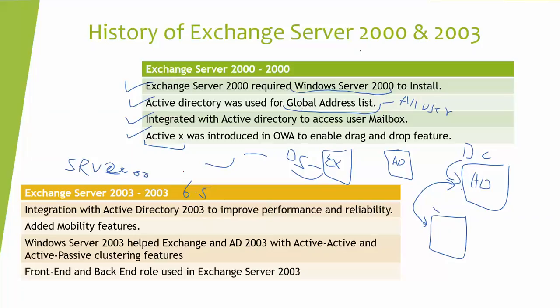And one of the other things that you need to know is that 32-bit Windows Server 2003 was supported with Exchange Server 2003. So 32-bit of Windows Server 2003 was supported with Exchange Server 2003.